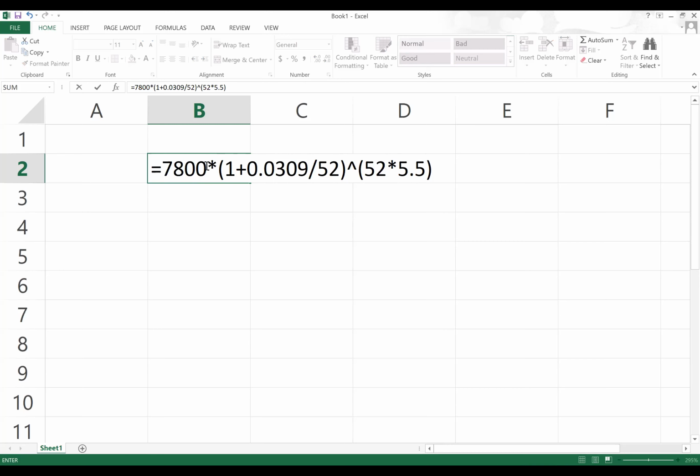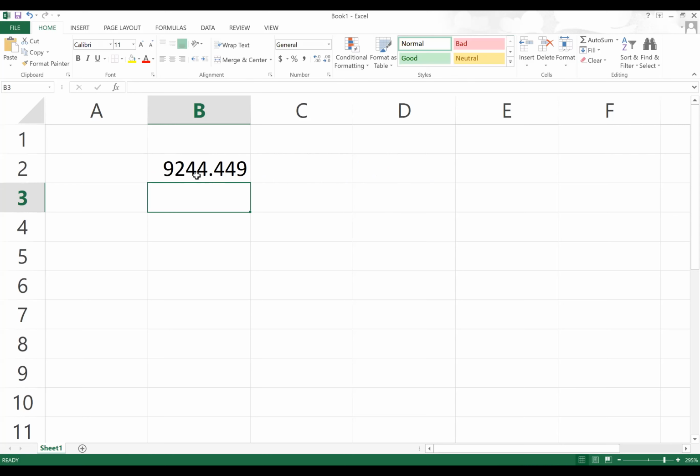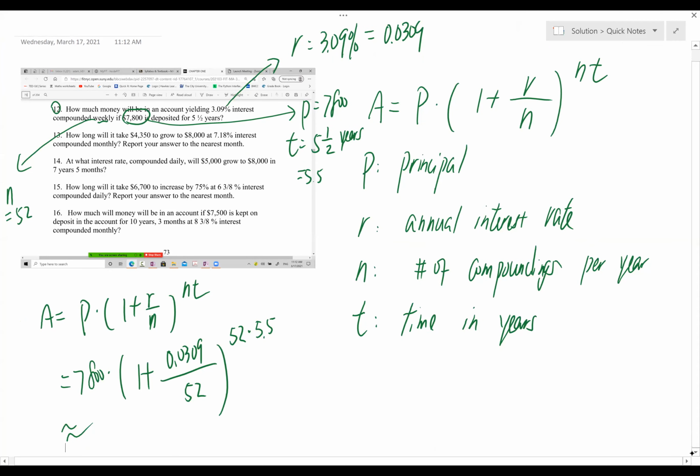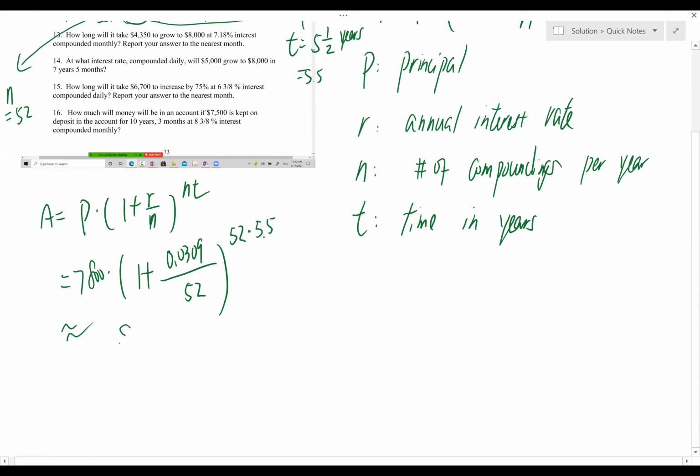If you hit enter, you get the result: $9,244.45 rounded to 2 decimal places. So the ending balance is $9,244.45. That's the final answer for question 12. Any question on question 12?